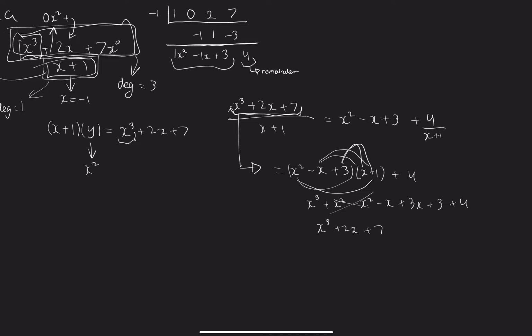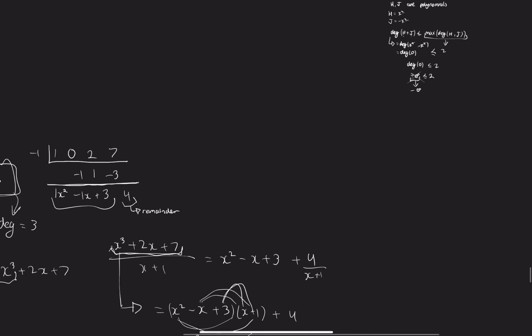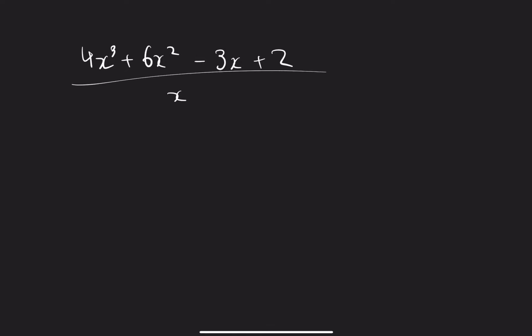Which is wonderful. So now we've done our first example, let's go over one that's a bit more interesting. So let's say we have 4x cubed plus 6x squared minus 3x plus 2 divided by, let's make it a bit more interesting, 2x plus 1.